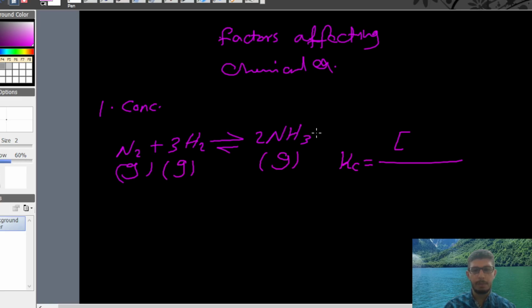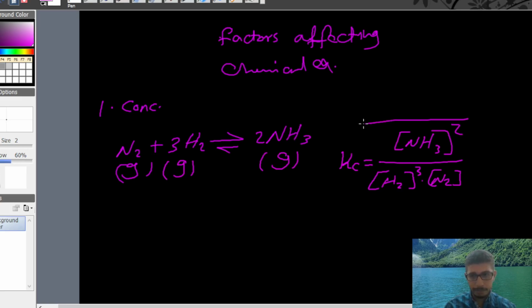We have here the products, ammonia NH3, to the power of 2, over the concentration of hydrogen to the power of 3 times the concentration of nitrogen to the power of 1, so I will not write it. So if you want to calculate Kc for this reaction, you will write it in this formula, right? So that's it for the concentration.